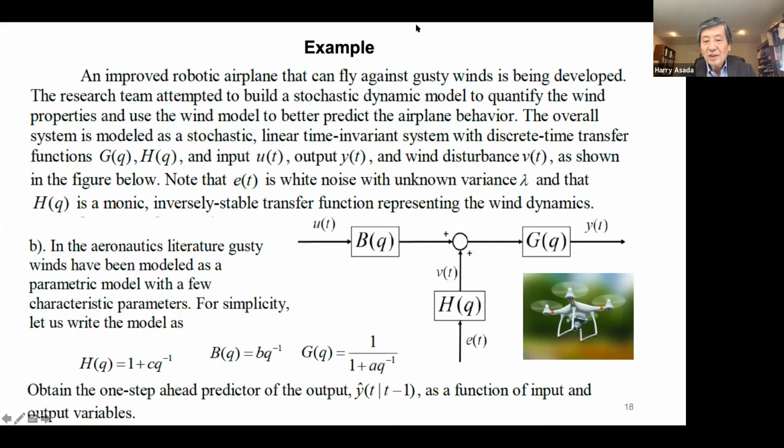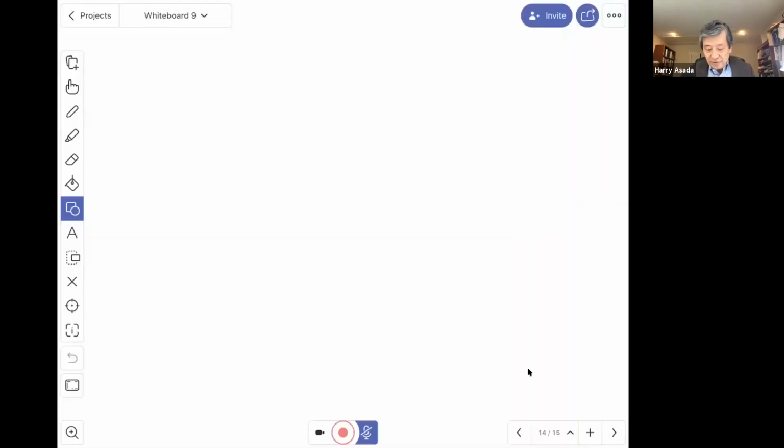Now, just to slow down a little bit, and things are a little bit easier to understand, let me just use my handwritten notes.